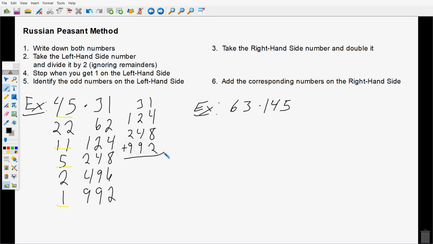And you can use your calculator to just add these 4 numbers. And you should end up with 1,395. Now if you check 45 times 31, that is the same answer.